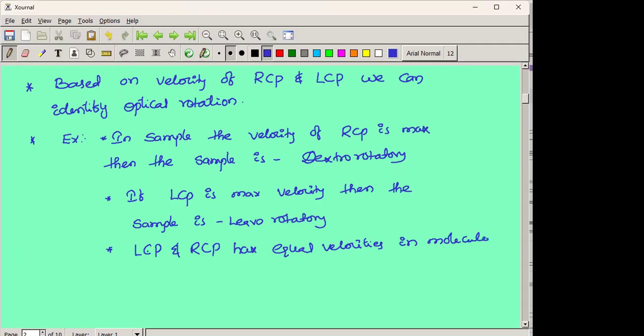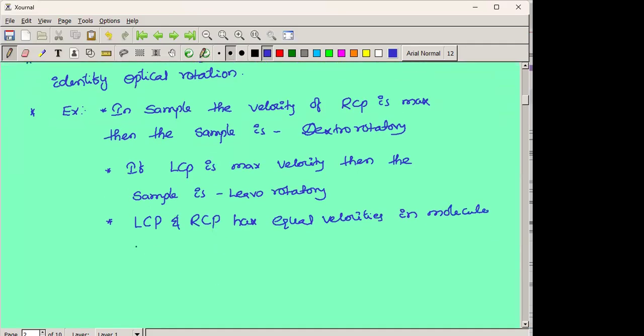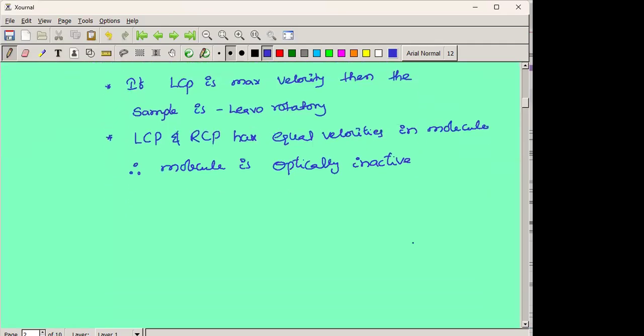There is no rotation, therefore the molecule is optically inactive. So this is about the optical activity of a molecule.